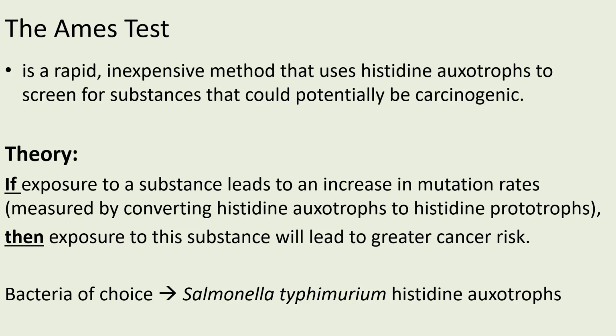And the bacteria that we tend to use a lot during the Ames test are the Salmonella typhimurium bacteria that are histidine auxotrophs. So in the Ames test, what we want to detect is, will these auxotrophs convert to prototrophs? And if so, if it's substantial, then this substance is a potential mutagen.